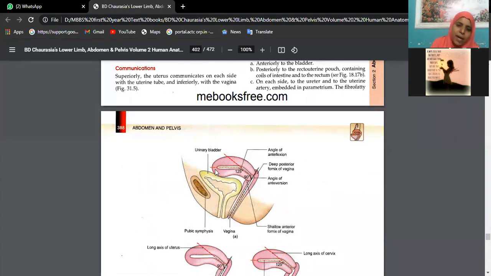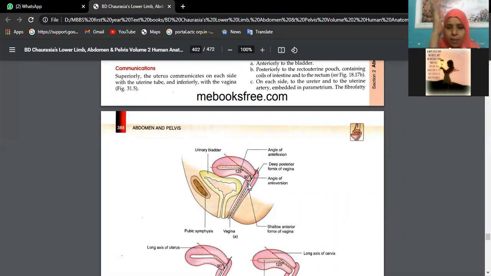The superior surface of the urinary bladder has the bend of the uterus over it, isn't it? So the uterus is bending on itself and making an angle called the angle of anteflexion, which is 125 degrees, and the uterus makes an angulation with the vagina called the angle of anteversion, which is 90 degrees. This angulation itself acts as a support of the uterus.